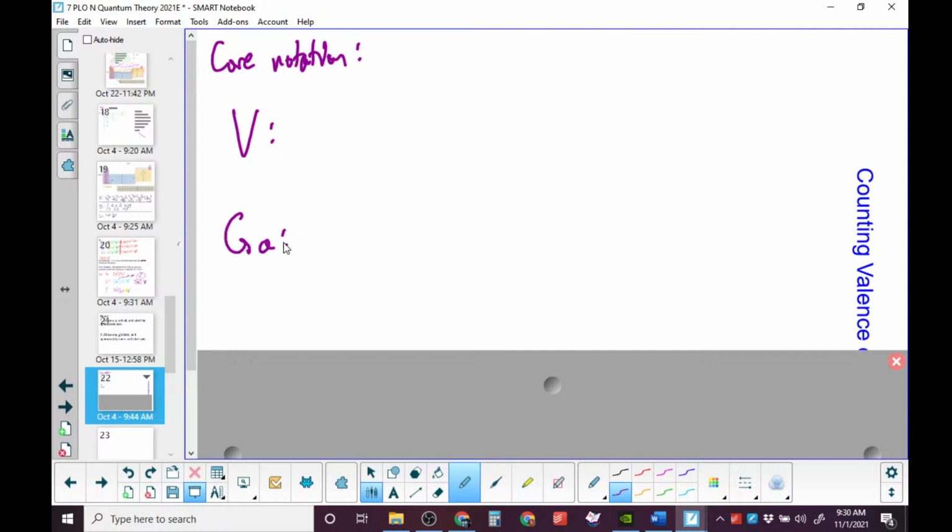But you have to use core notation. We've already done gallium once. I think that was the example that you wanted. So use core notation. Give me vanadium and gallium. Yep, core notation is the square brackets.